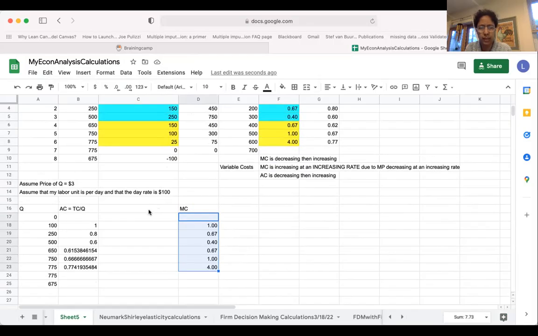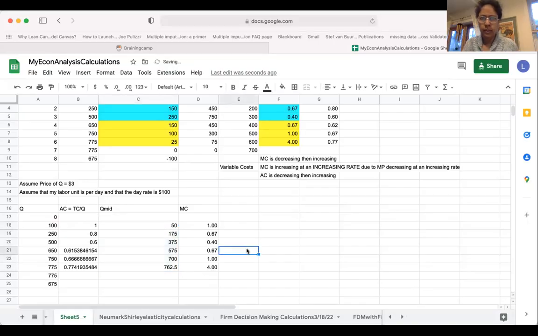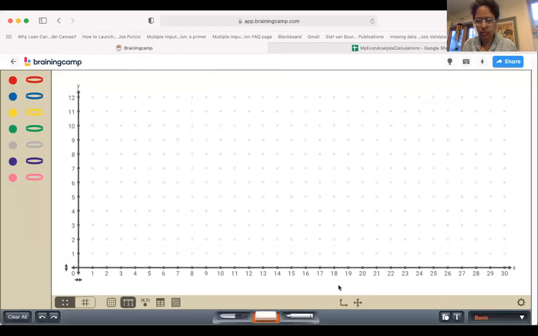I'm going to plot at the midpoint of the quantities that we use to calculate the marginal cost. It's going to be the midpoint of the two quantities, or the average. So that's the new Q plus the old Q divided by 2. Right. So actually go to Braining Camp and remove the numbers that are there.